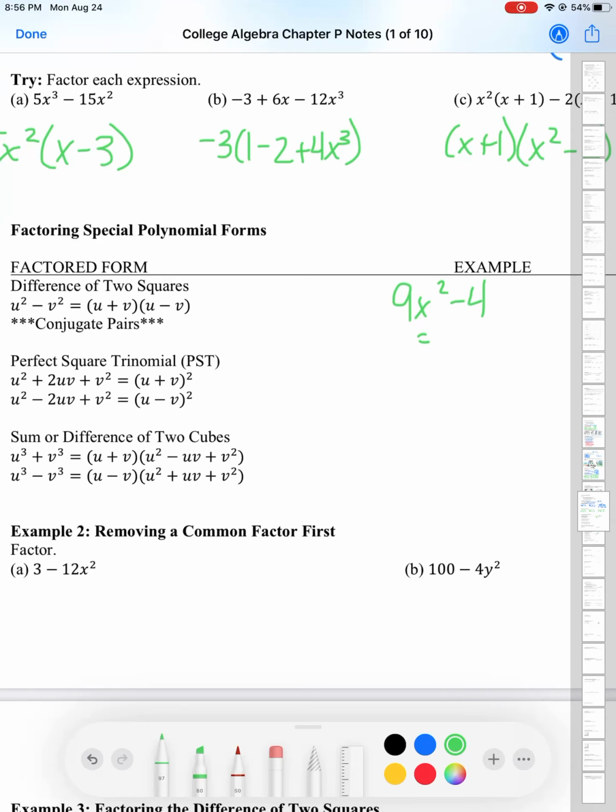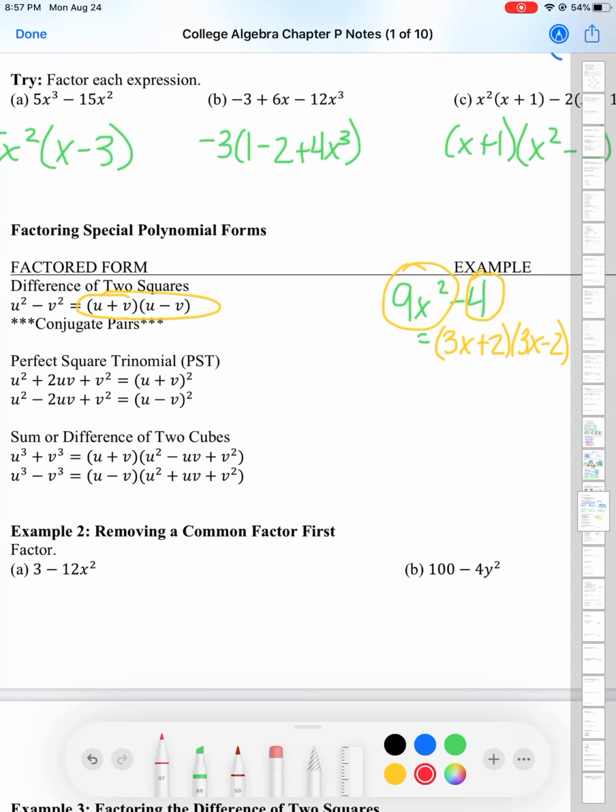If we can break the first term down into something times itself, and we can break the second term down into something times itself, then we can factor it like this right here. So in this case, 9x squared breaks down into 3x times 3x, and 4 as 2 times 2. So we have 3x plus 2 and 3x minus 2.